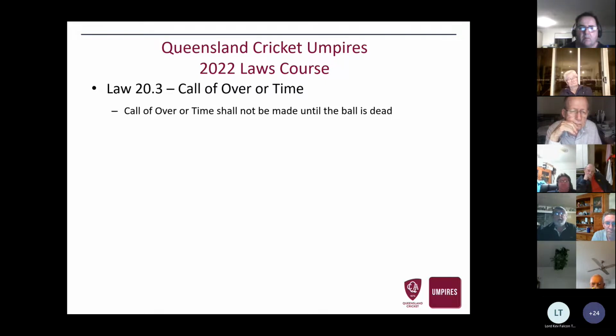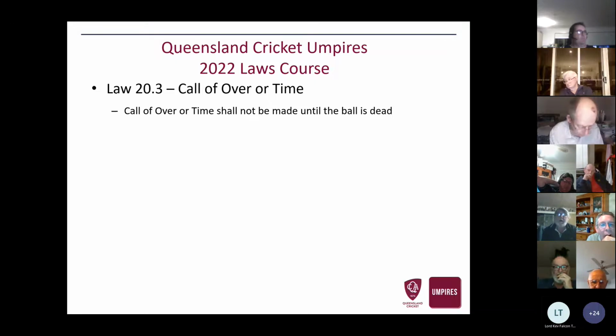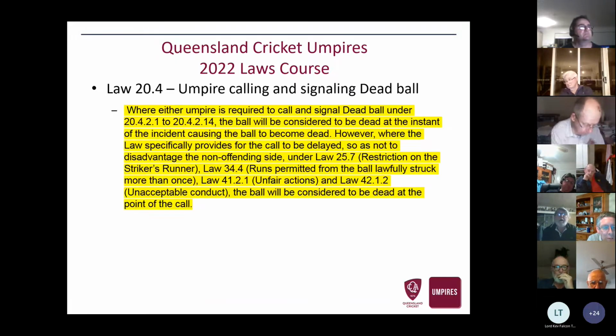I would hope we already know about 20.3, which is we shouldn't call over or time until such time as the ball is dead. I've included all of 20.4 because there is a change here under the 2022 laws.